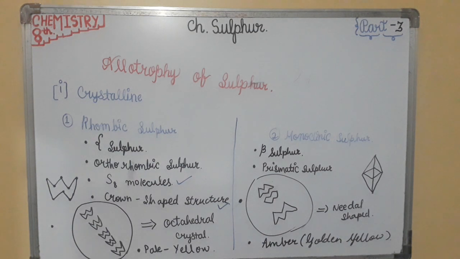The nature of both is crystalline. The crystal shape of rhombic sulfur is octahedral and of monoclinic sulfur is needle-shaped.